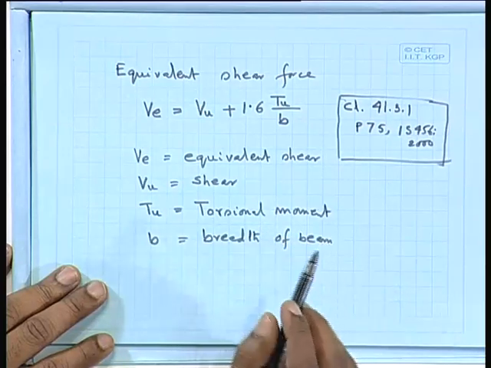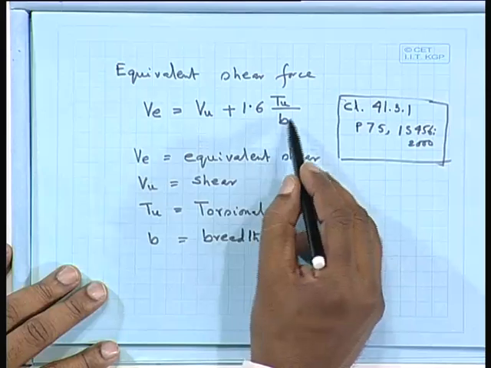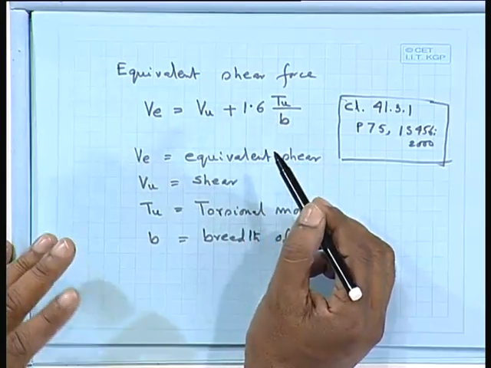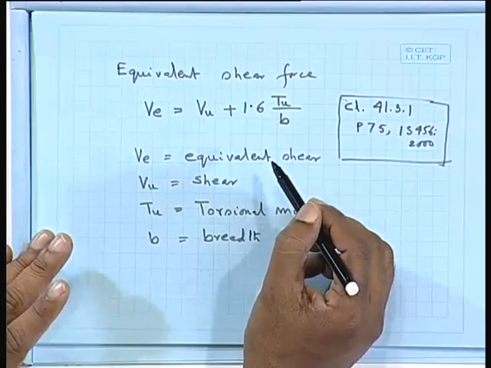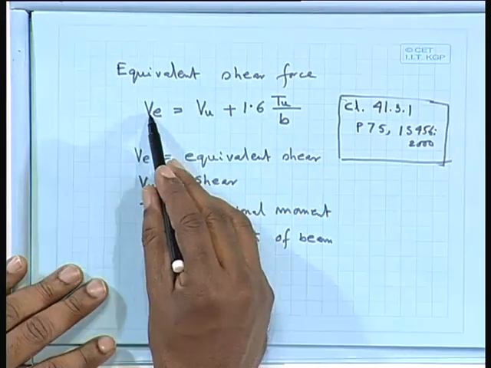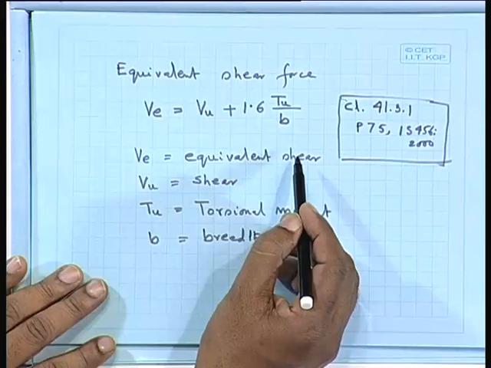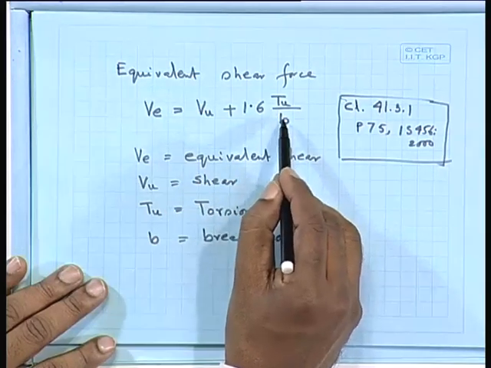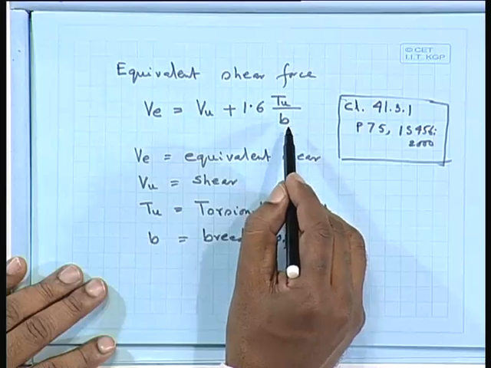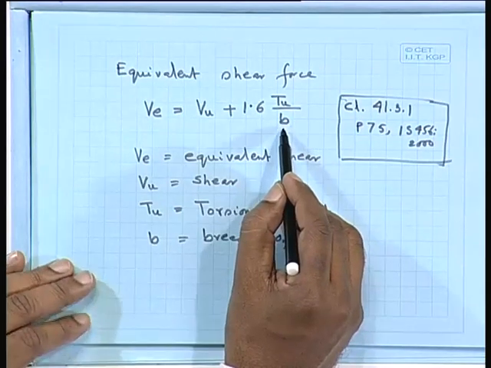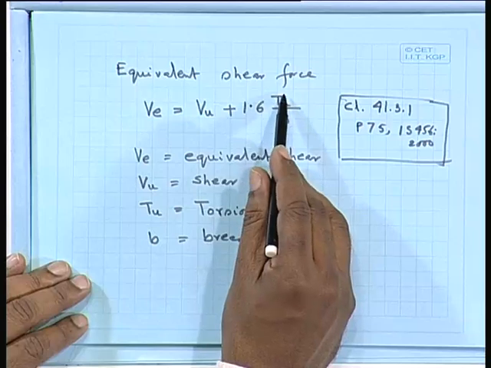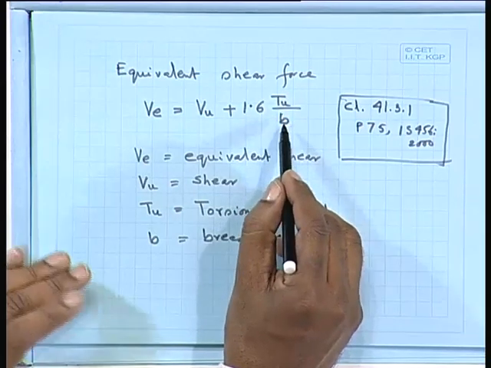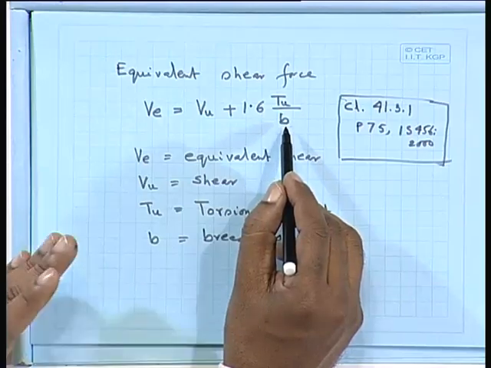So here one parameter is in our hand, that is B. VU and TU are coming from the analysis due to applied load. Now the equivalent shear we can reduce by taking a proper width of the beam, since B is in the denominator. Generally we take it as 250, which is governed by the wall thickness.